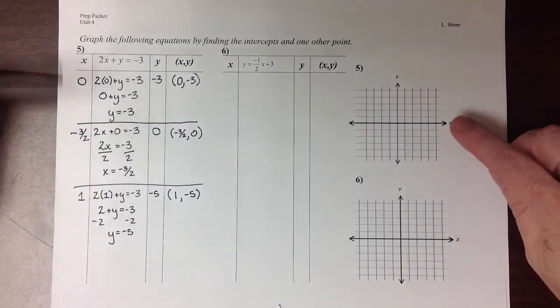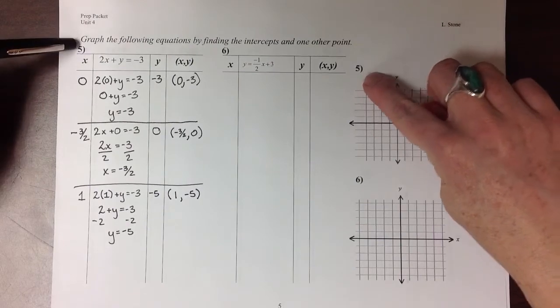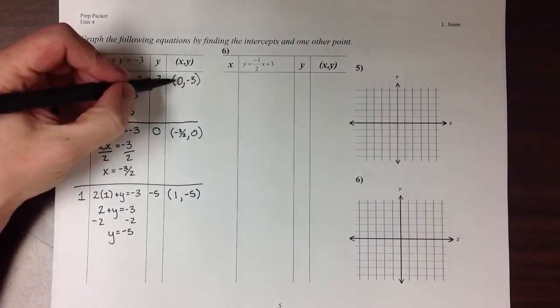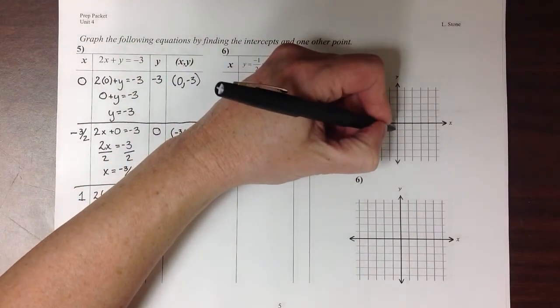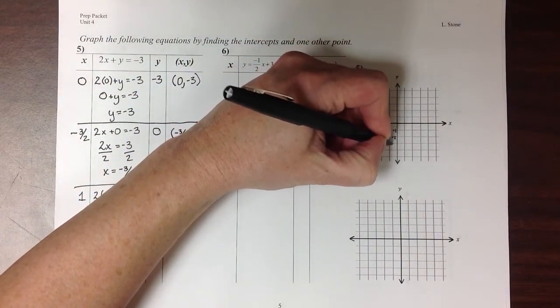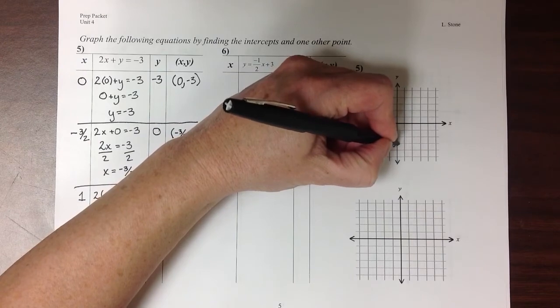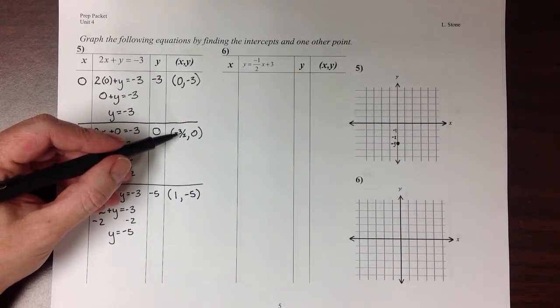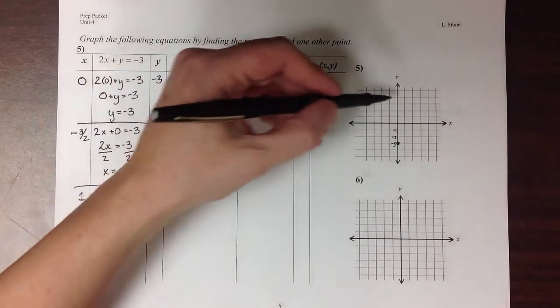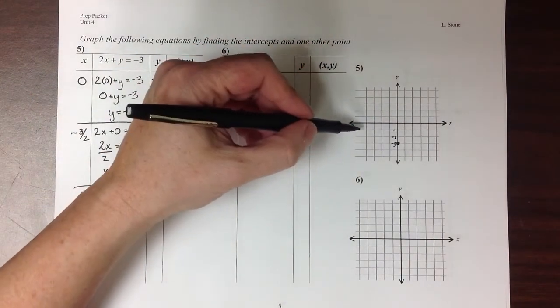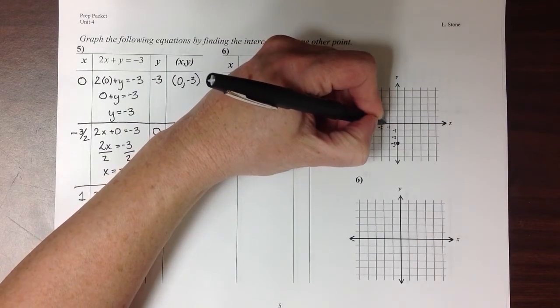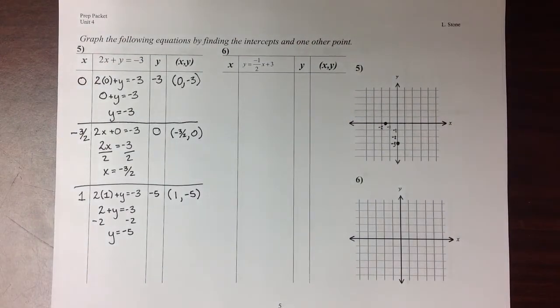Since I'm in landscape view, I had to put the graph for 5 over here on this side. So the point 0, negative 3 is going to be right here on my graph. The point negative 3/2, 0. My y is at 0. I'm headed negative 3/2 this way. Well, here's negative 1 and negative 2. So negative 3/2 is going to fall halfway in between those two.